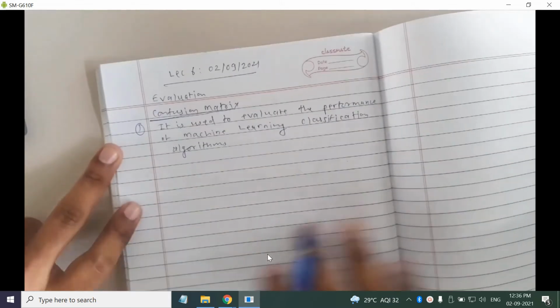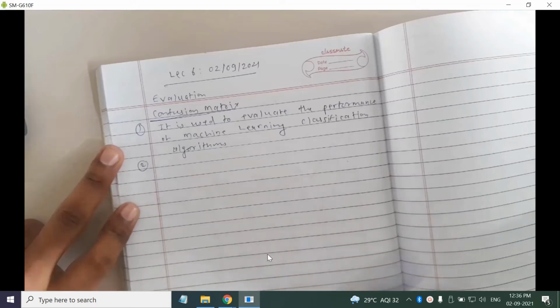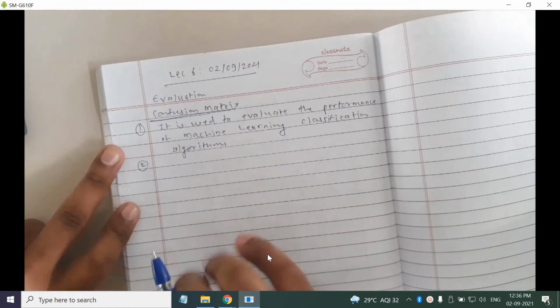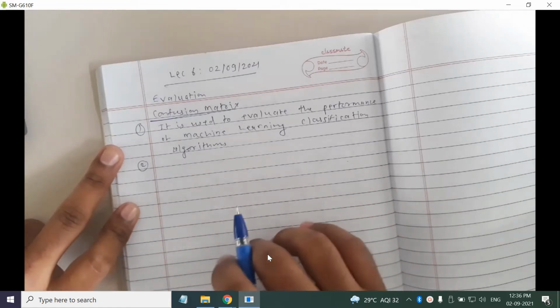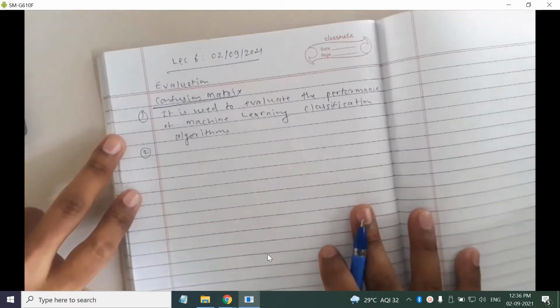For the regression type of algorithm, where the data is continuous, we will go for mean absolute error or sum of squared error.